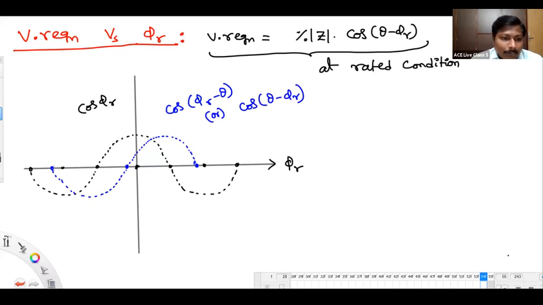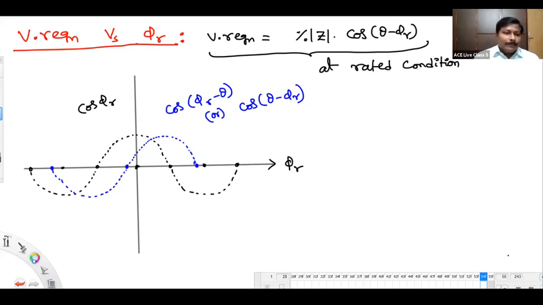See, this blue curve that I have brought, I multiply with percentage Z. That itself is a voltage regulation curve. Yes or no? The cos of (theta minus phi r) curve that you got now, I will multiply with percentage Z. That itself is the voltage regulation curve.